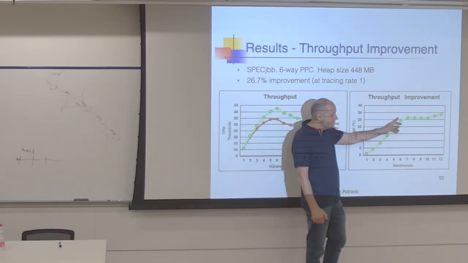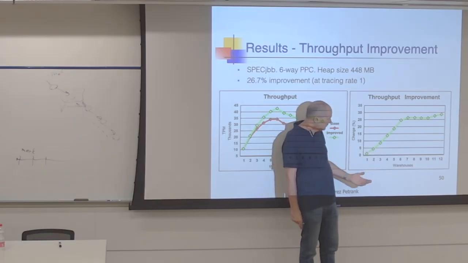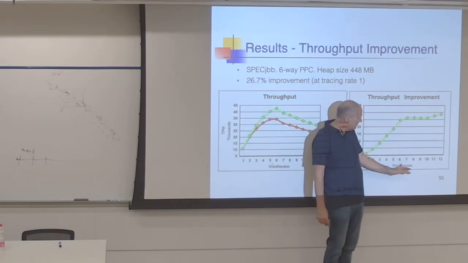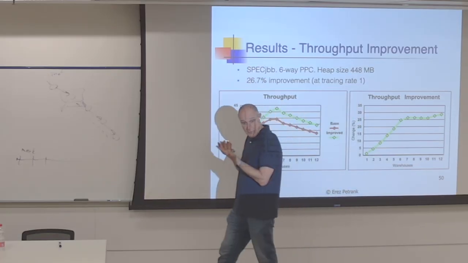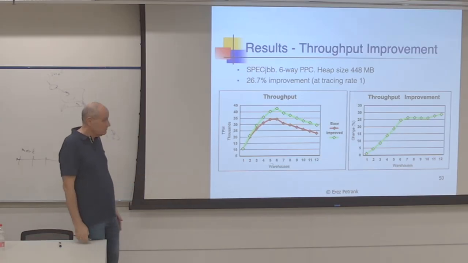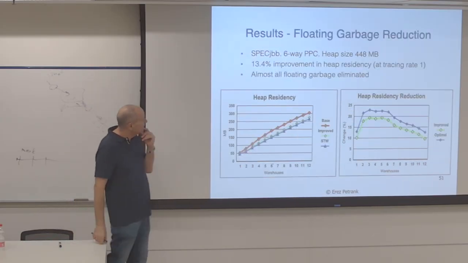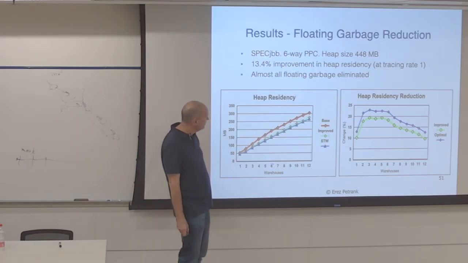But this is the percentage that you gain in throughput. And when you have a large enough heap and enough threads, you get like 25% improvement in the execution time, which is really nice.